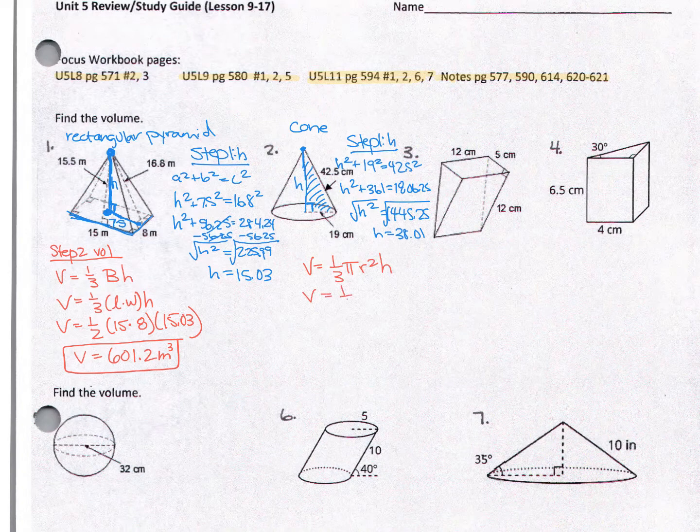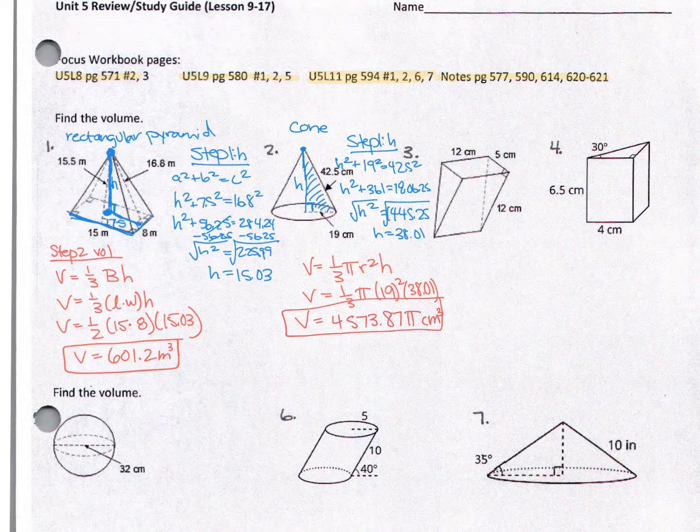So volume equals 1/3 pi times my radius squared, which is 19 squared, times my height, which is 3801. When I square 19 and multiply by 3801 and divide by 3 on my calculator, I get 4,573.87 pi centimeters cubed.